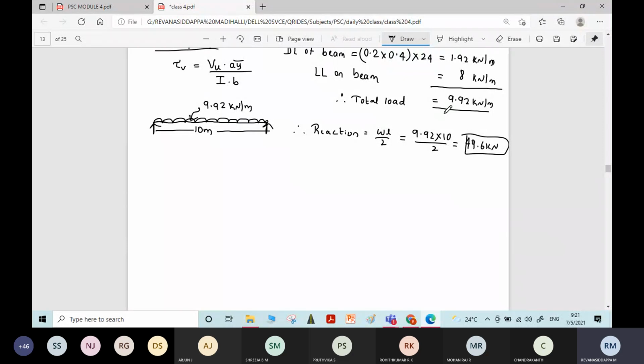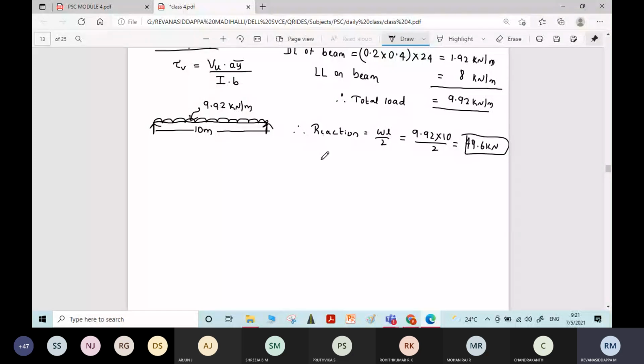In some textbooks, factor load is considered, and considering the factor load only, the analysis of the beam is performed. In some other textbooks, without doing the factorization, they have done the calculation. But in your examination, it is left to you. You can take factor load, or as it is, whatever the direct load is, by taking that load only, you can perform the analysis.